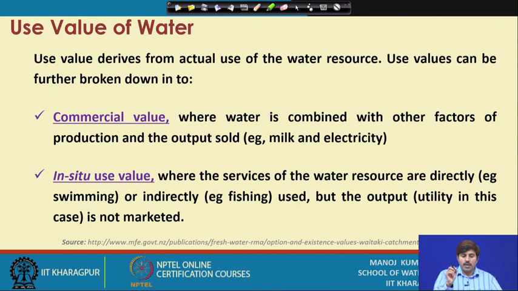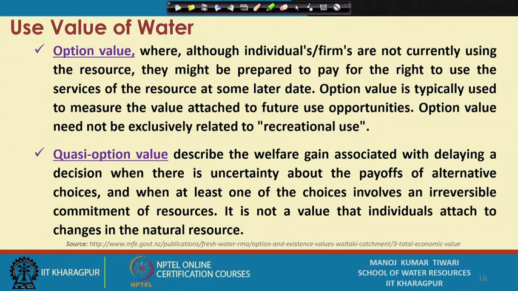Okay. So, output like fishing could be marketed also. However, even if you are marketing the fish, water is a non-consumptive thing in that case. So, you will not charge for water when you are going to put a price on the fish, in case you are marketing. And if it is for domestic or household uses, it absolutely falls under that category.